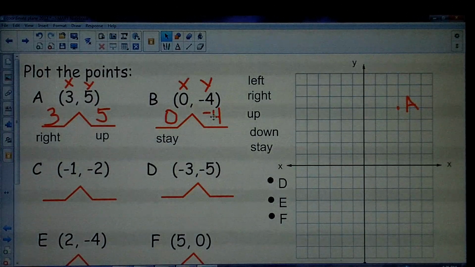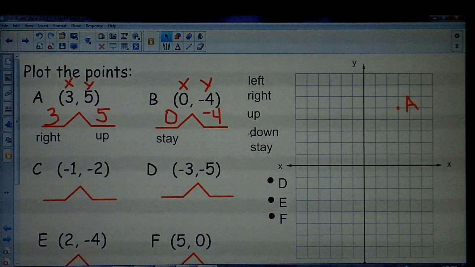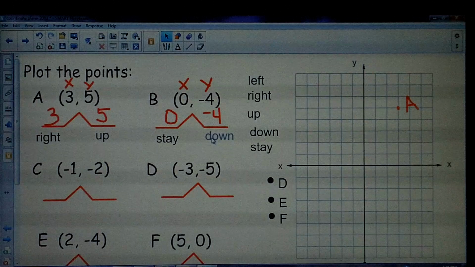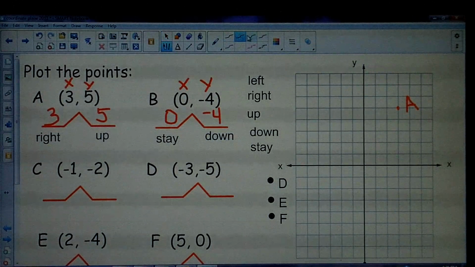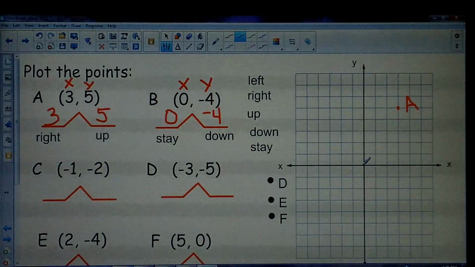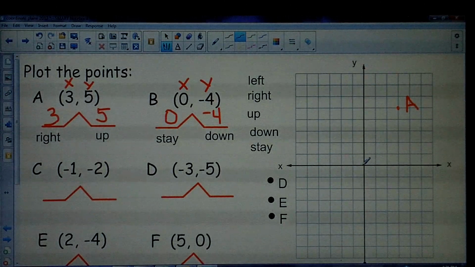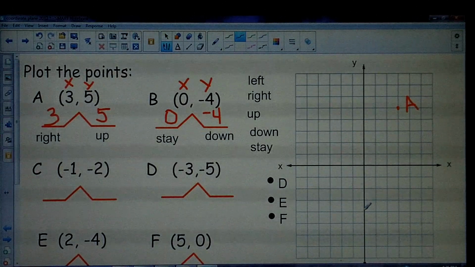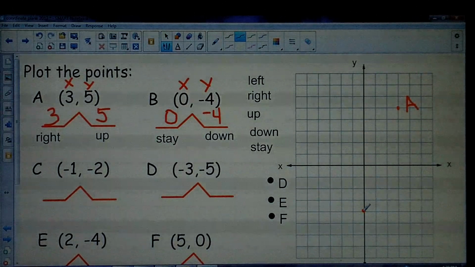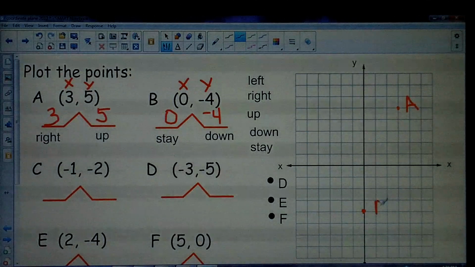The y is a -4. Remember, those are down on the y-axis. So I'm going to plot my point. I'm going to start in the middle. It says to stay 0 and down 4. 1, 2, 3, 4. And I'm going to put a point there, and this is point B.